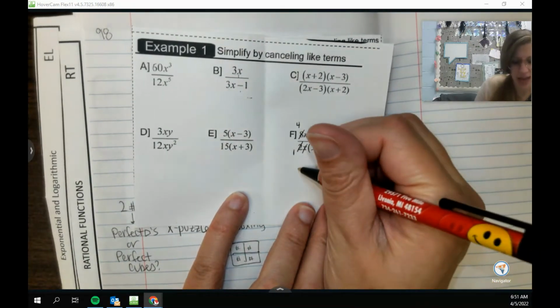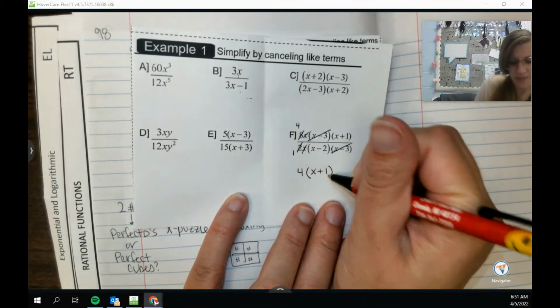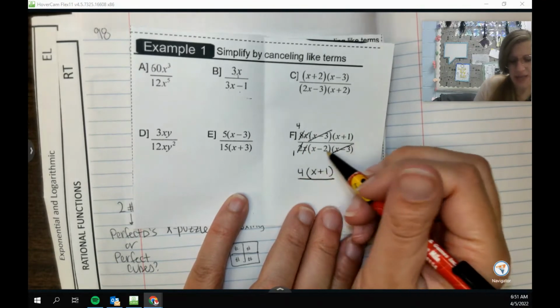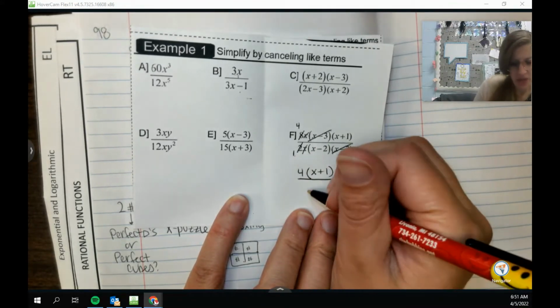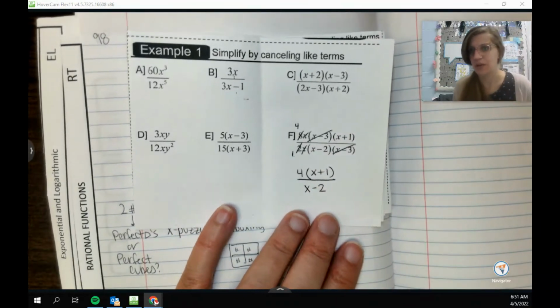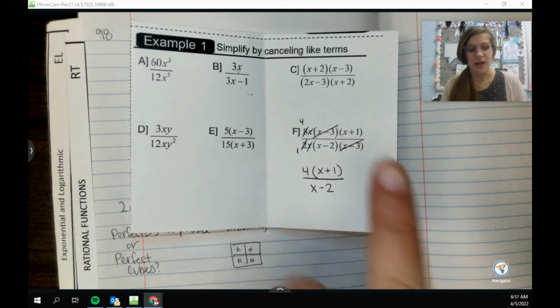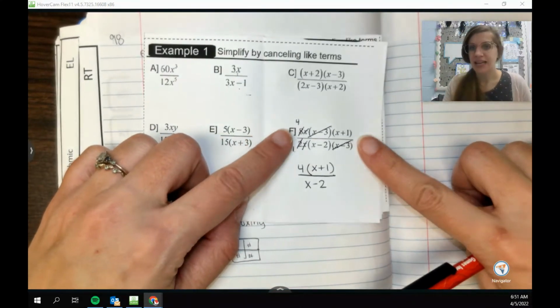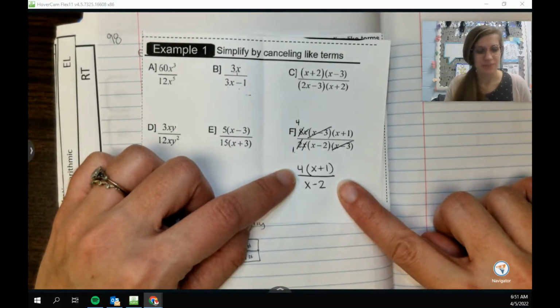In my numerator, I have a 4 smushed up against an x plus 1. And then in the denominator, I have the 1, so I kind of don't need it. And then the x minus 2, which, since there's nothing else down there, I don't need parentheses. And that is it. So I was fully factored. I canceled out my common factors, and so now I know I'm done.